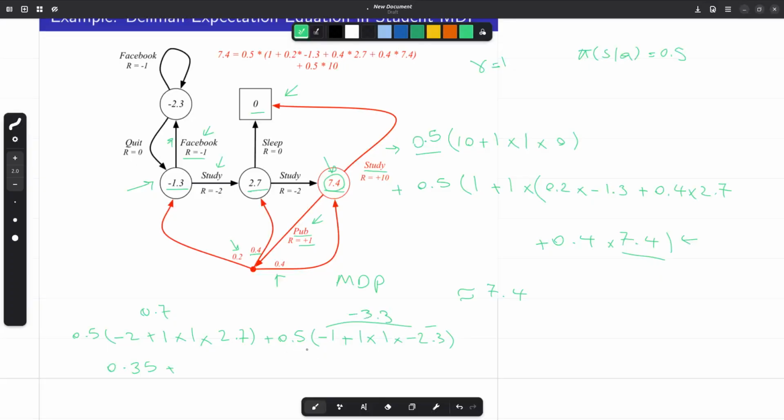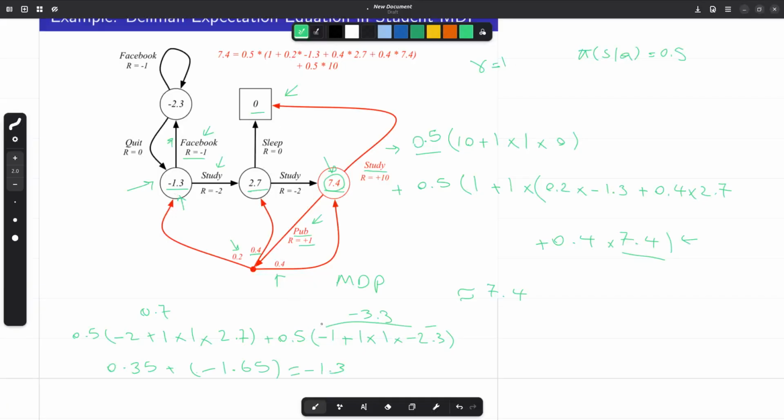And if we multiply it, it is going to be minus 1.65. Am I right? Yeah, minus 0.65. And if I add up these values, I would get minus 1.3, as you see here.